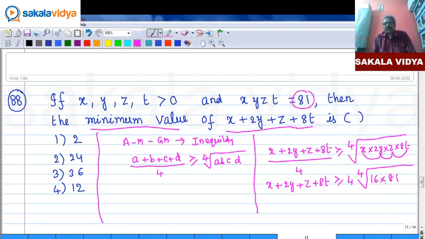So it is greater than or equal to 4 into the fourth root of 16, which is 2 power 4 whole to the power of 1 by 4, that is 2, into the fourth root of 81, which is 3 power 4 whole to the power of 1 by 4, that is 3. 3 into 2 is 6, into 4 is 24. This will always be greater than or equal to 24. That means it takes the values from 24, 25, 26, 27 like that. The minimum value is 24. So the second option is the right option.